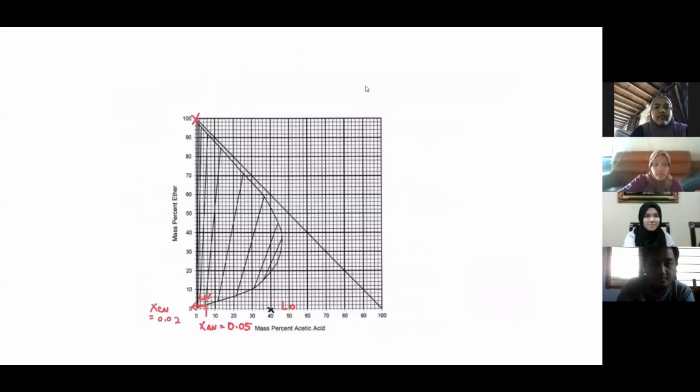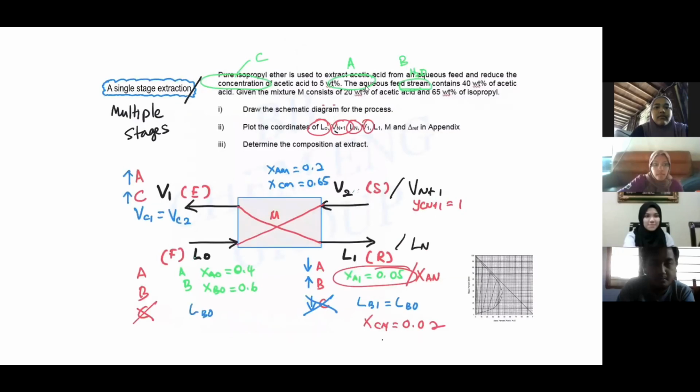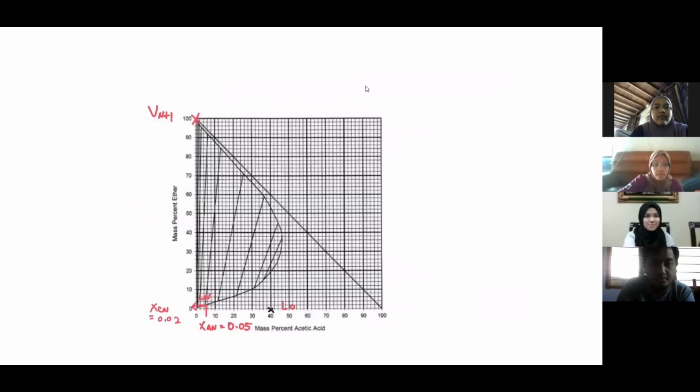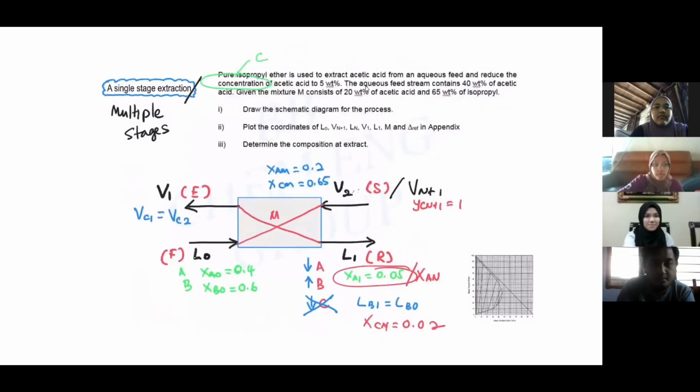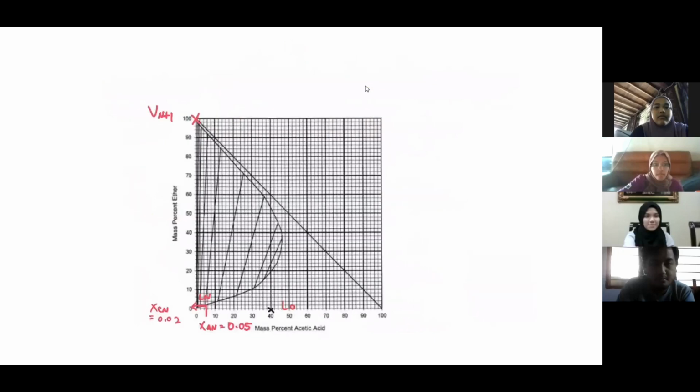So that is Vn plus 1, pure. Let's label that. Anything else to label? V1. Is there a problem with V1? We don't know it yet. Let's say it also gives the coordinates for M, this one, 0.2. So you just find 0.2. These are the lines you have.